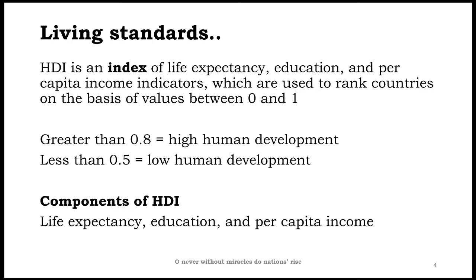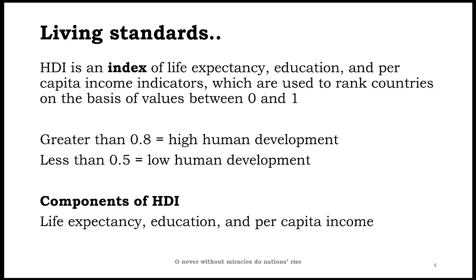It means any country whose index is close to 1, for example greater than 0.8, has the highest human development index. And those countries which are below or around 0.5 have relatively lower development in the economy, or a lower development index.